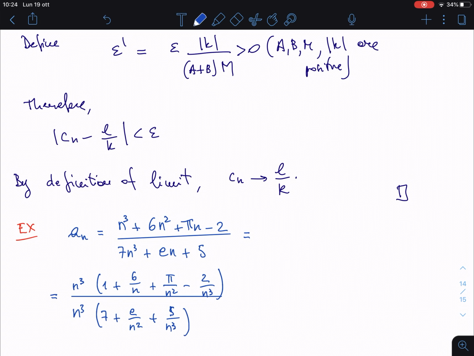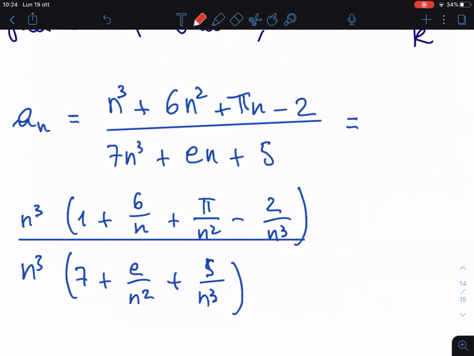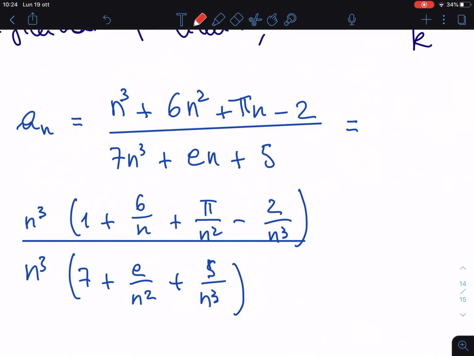So what we have here is that we know that 1 over n goes to 0, so 6 over n goes to 0 because it is 6, a constant, times 1 over n. And so applying the theorem on the limit of a sequence made of a convergent sequence by a constant, we end up with the constant times the same limit.